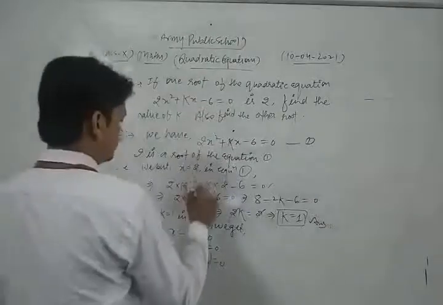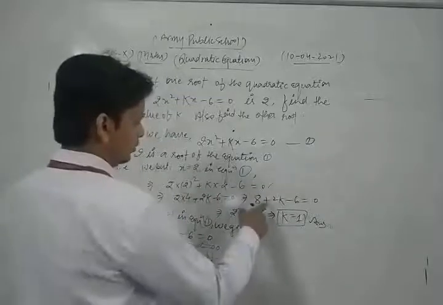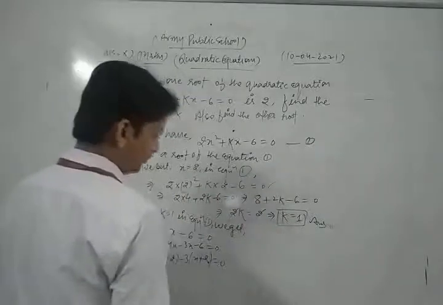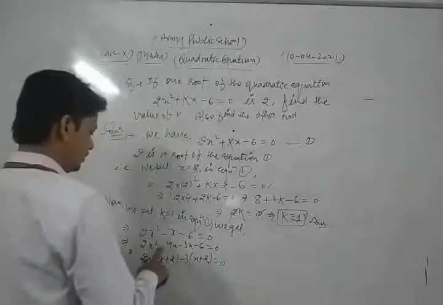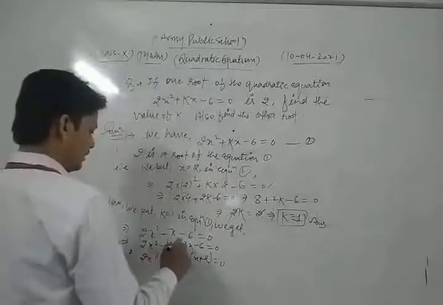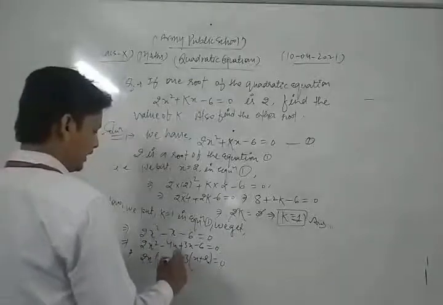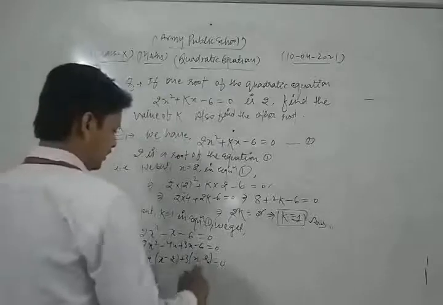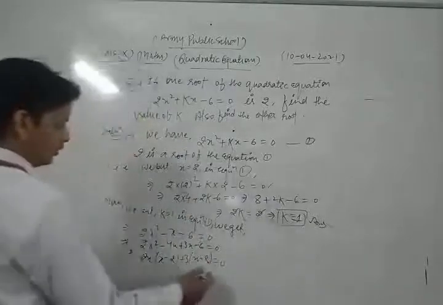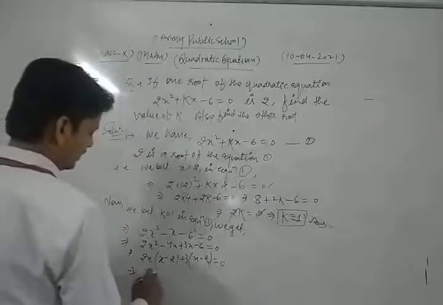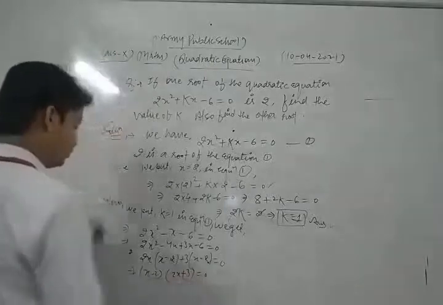Sorry dear students, the value of k is 1, so the middle term is plus x, and we split it as 2x square minus 3x... So here we take 2x as common, so x minus 2 is left, and here we take plus 3, so we get x minus 2 here. One sign was missed here, so now x minus 2 in one bracket, and 2x plus 3 in the other bracket is equal to 0.